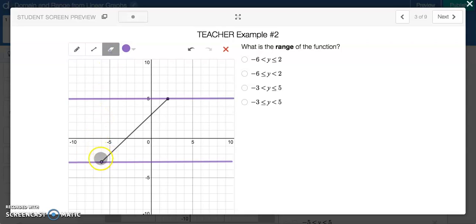Because that point is not shaded in, we are not going to include it. So I'm going to make this line dashed to show that it's not including that number. It looks like we're 3 down, so -3.